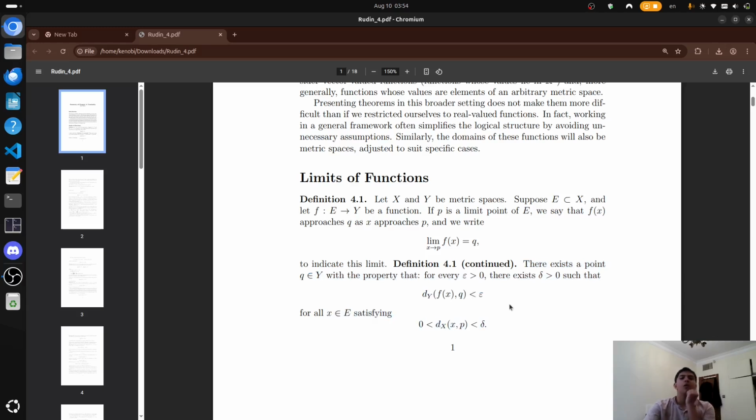So what this means, if we want to look at it closely: one important property of this limit is that it approaches a limit point p. It must be a limit point. This is really important.